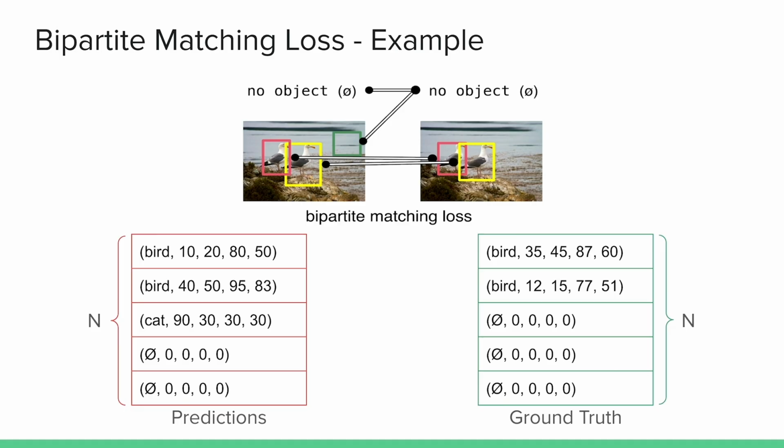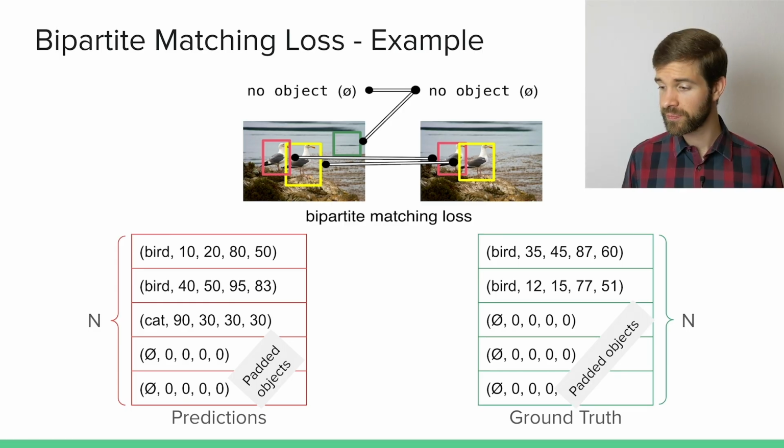What we have now is our set of predictions and our set of ground truth boxes with our class labels. The first thing we see here is that we have to have a fixed set of maximum predictions that we're allowed to produce. And if there are no more elements in our input, then we just pad those objects to always have a fixed length set here.